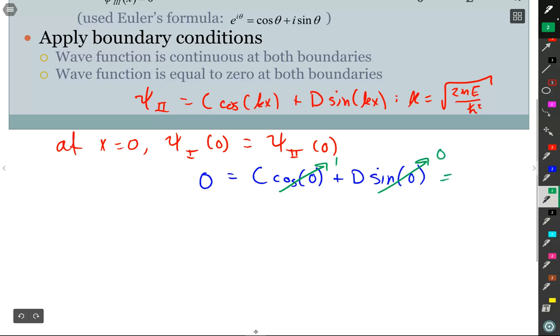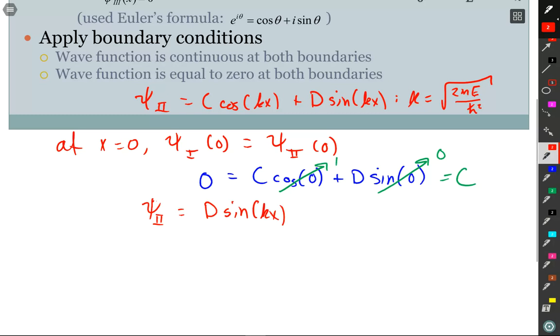So this is just equal to c. So 0 equals c. Well, that simplifies life. After applying the first of our two boundaries, I can simplify my psi 2 to psi 2 equals d sine of kx, because c was 0.